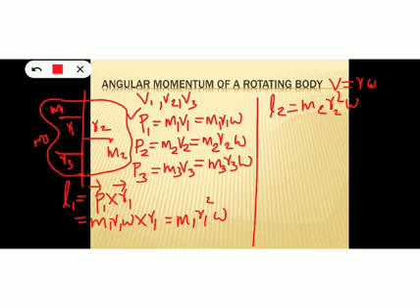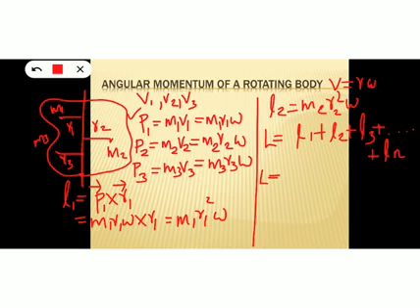So what will be the total angular momentum of the rigid body about the given axis? The total angular momentum is equal to L1 plus L2 plus L3. Now if there are n particles, it can be generalized as plus Ln.